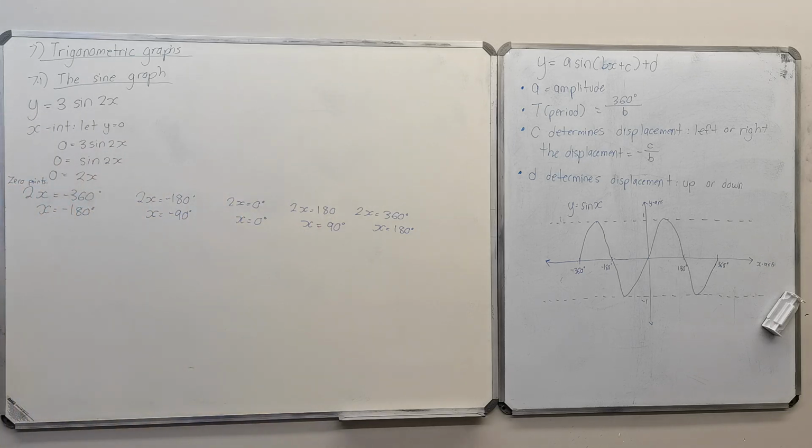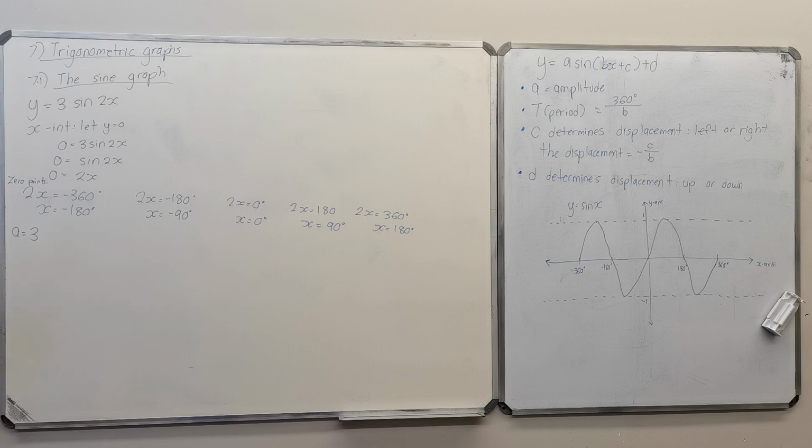Okay, so now we got our 0 points. Let's examine some other information. So your amplitude is what? 3. So that means that this graph from its center line is going to go up and down 3 units.